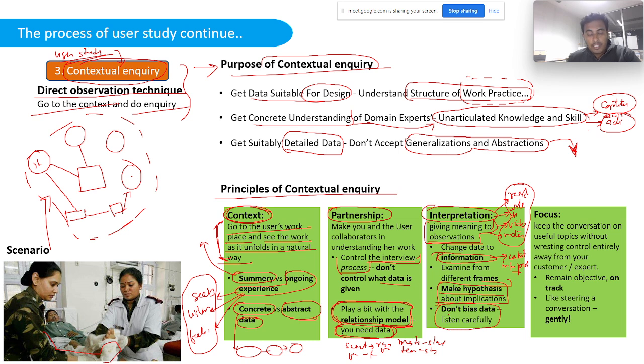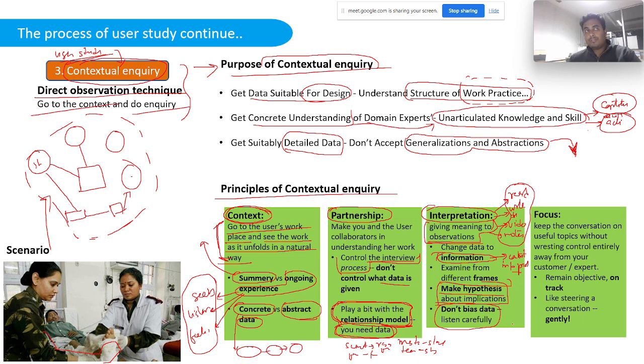Always listen carefully whenever the user is providing information, and do not try to put your own perspective into the user's mind, or capture data in such a way that combines your perspective as well as the user's perspective, because we as designers also have our own lenses, our own frame of reference.